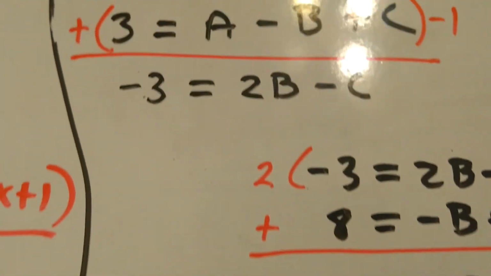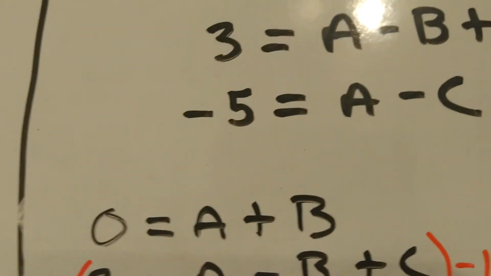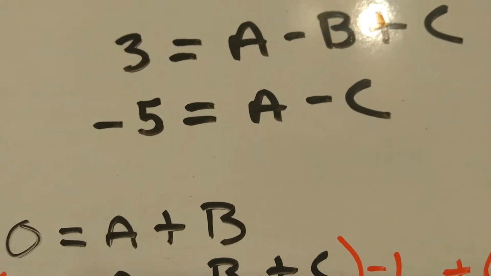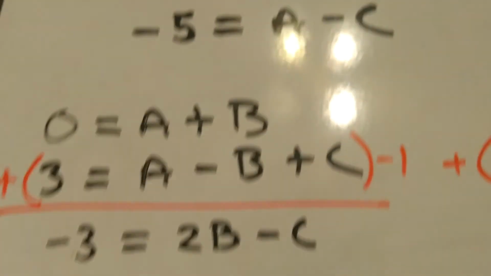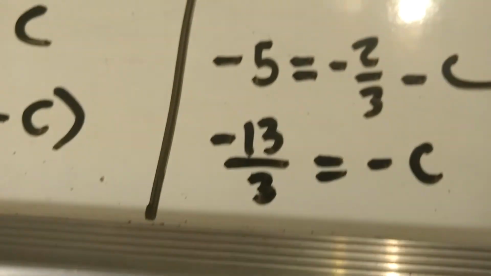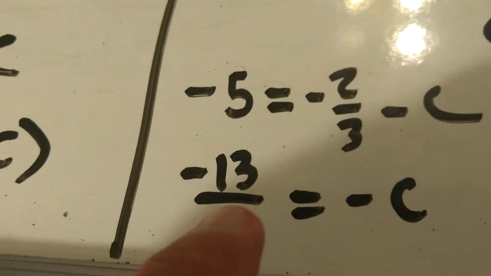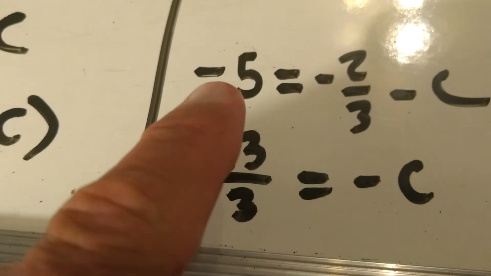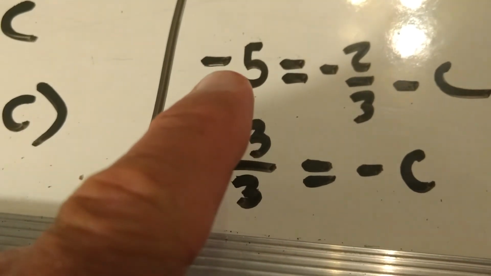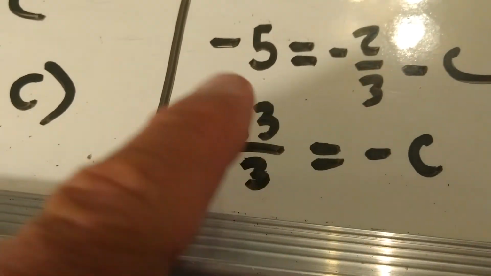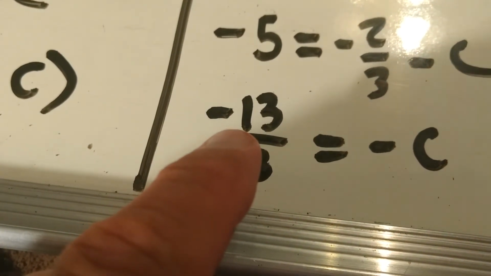Once I know A is negative 2/3, I can take the minus 5 equals A minus C, put that negative 2/3 in for A, and all I did here was change that negative 5 to negative 15/3, so that when I added the 2/3 over, I got negative 13/3.